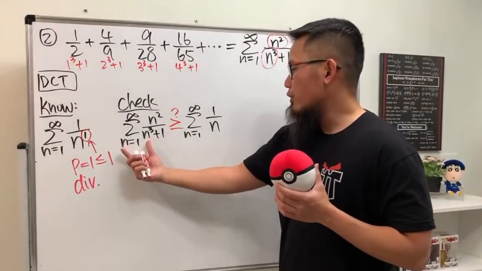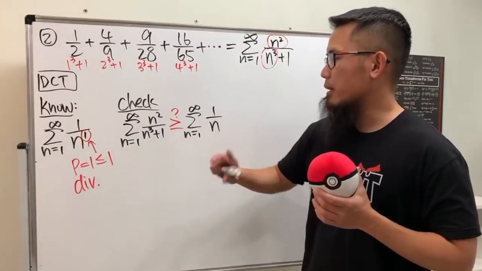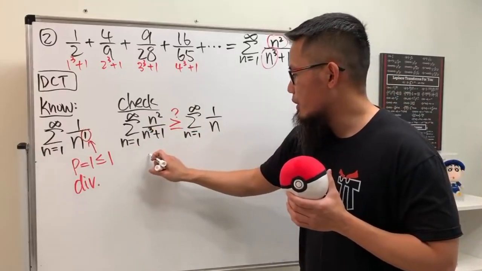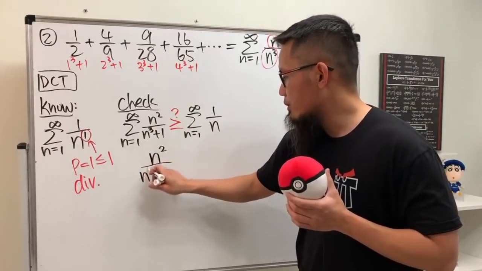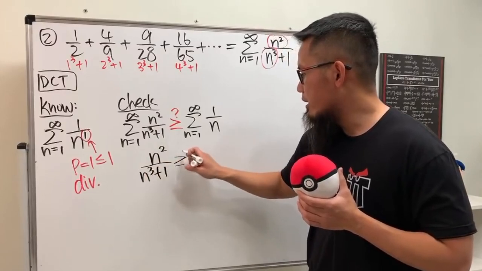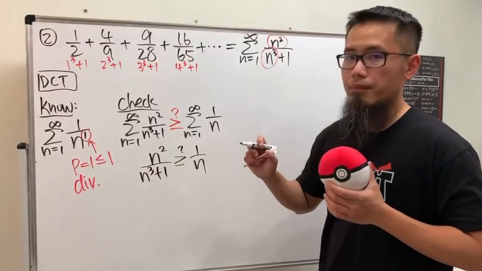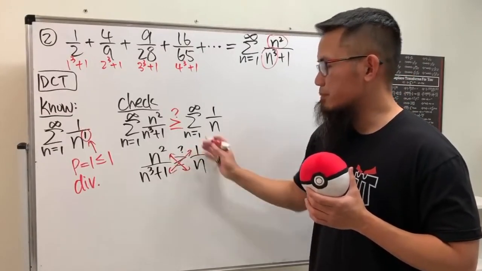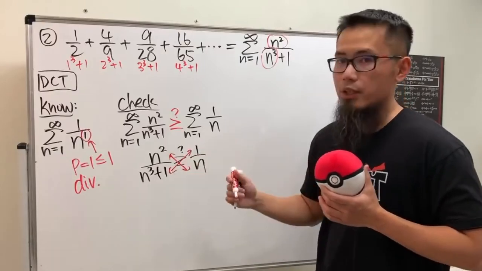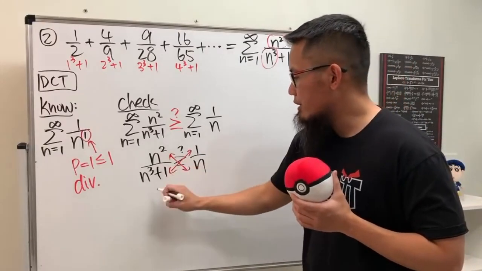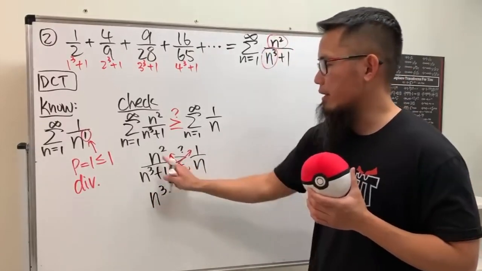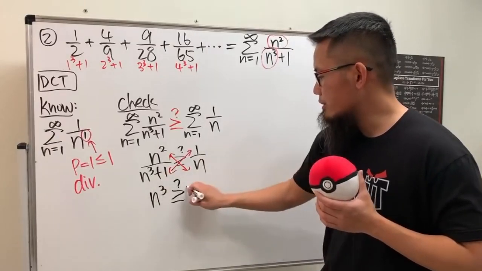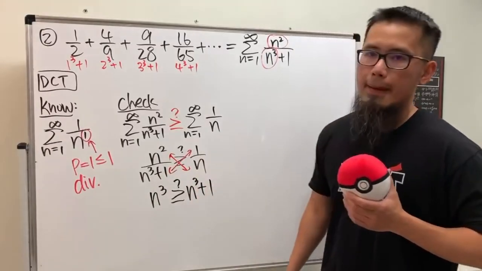To show if this is greater than or equal to that, and notice everything's positive, we can ignore the summation and just compare this and that. So, is n squared over n to the third power plus 1 greater than or equal to 1 over n? If this is not so clear, let's cross multiply. Everything's positive, so we don't have to flip the inequality symbol. N times n to the second power gives n to the third power. Is this greater than or equal to n to the third power plus 1?